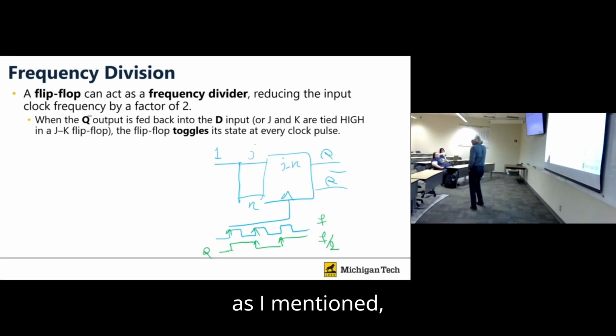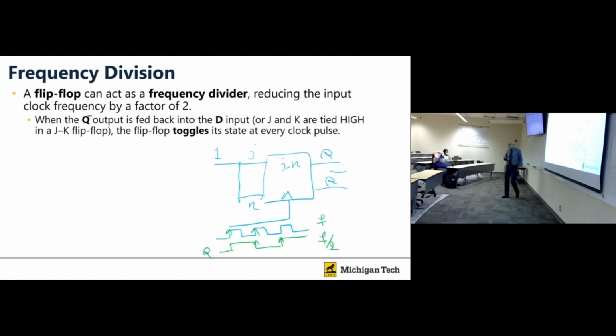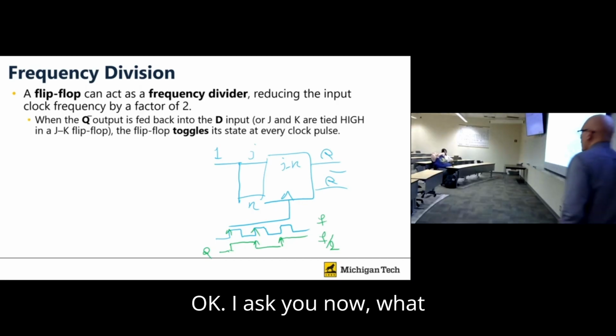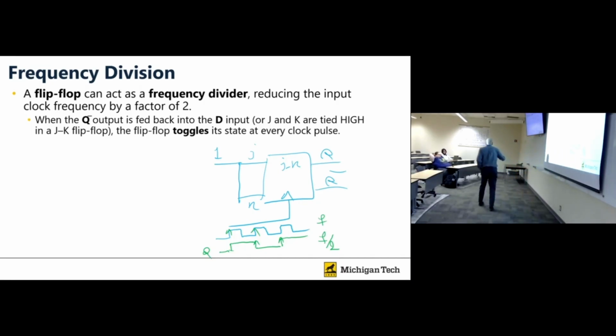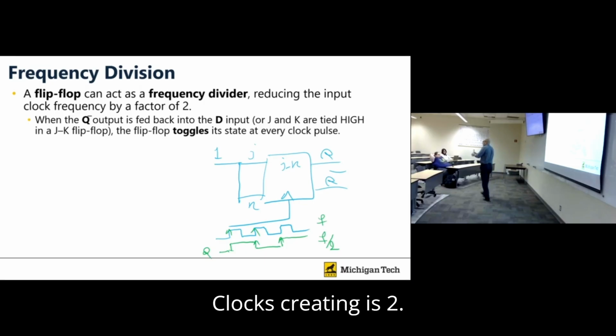A frequency divider, as I mentioned, has lots of applications, like a counter. Now I ask you, what numbers are these binary clocks creating?